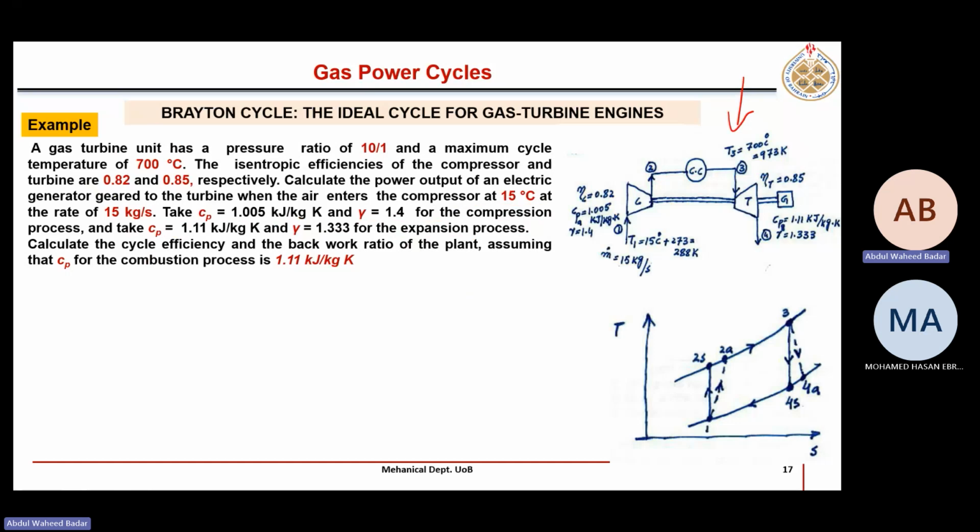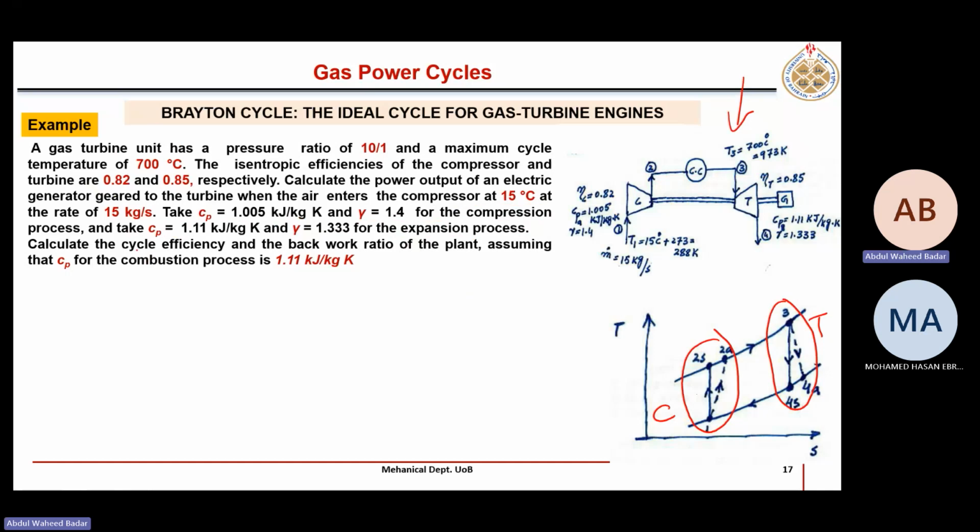Okay, let's do this problem. Simple Rankine cycle, sorry, Brayton cycle, isentropic efficiencies are given. That's why you have to show isentropic and non-isentropic processes for the compressor and for the turbine.